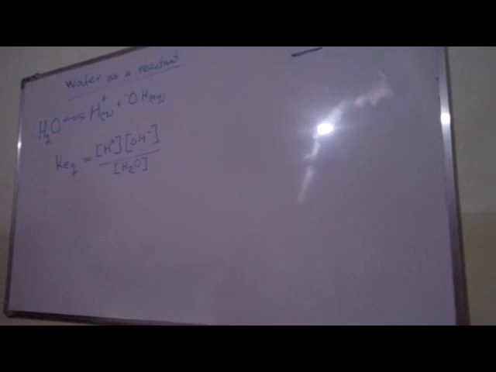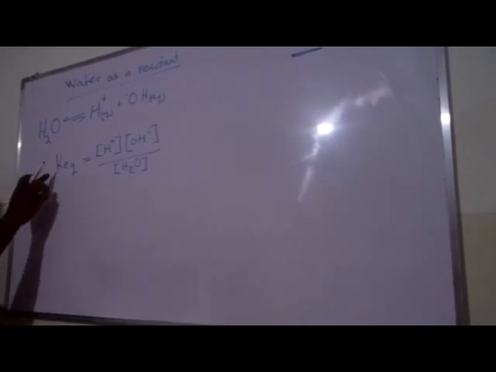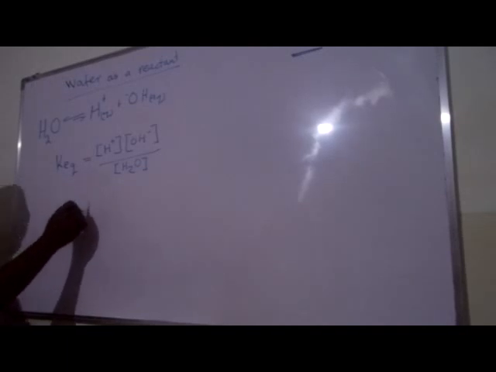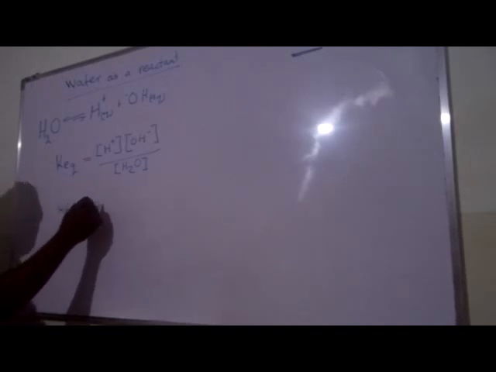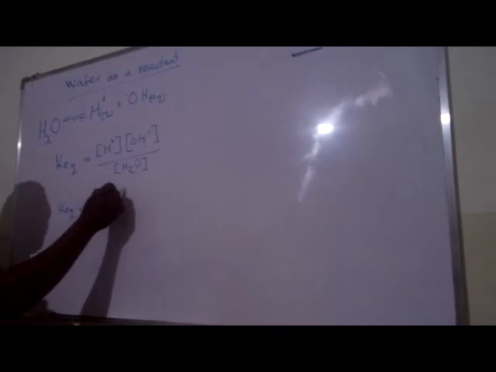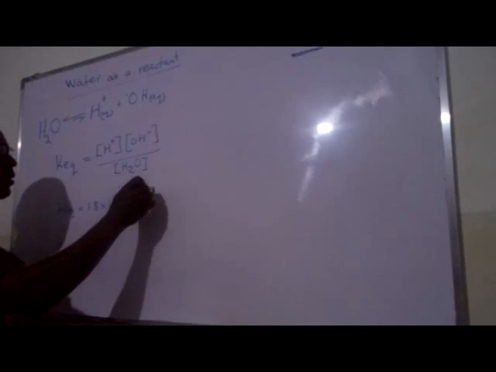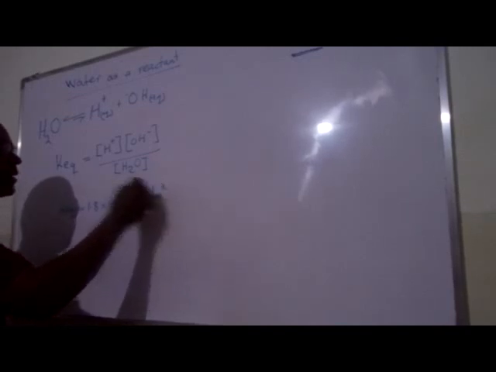Now, for pure water at a temperature of 25 degrees, this equilibrium constant has been found experimentally to be equal to 1.8 times 10 to the power minus 16 moles per cubic decimeter.